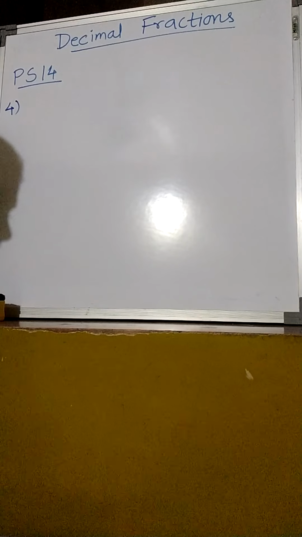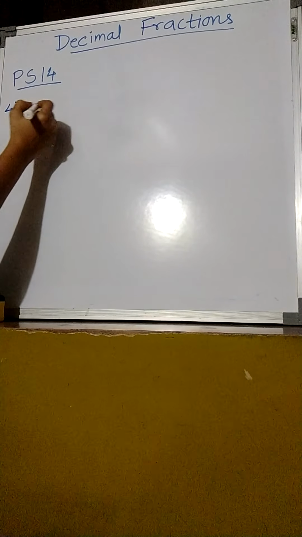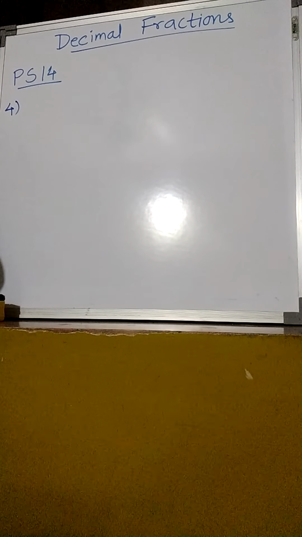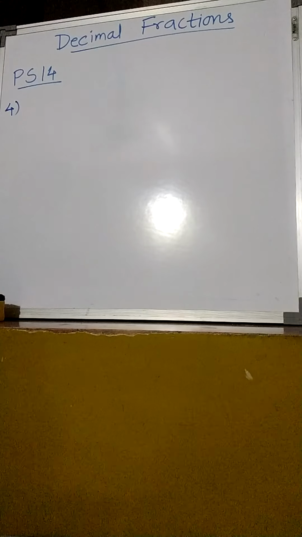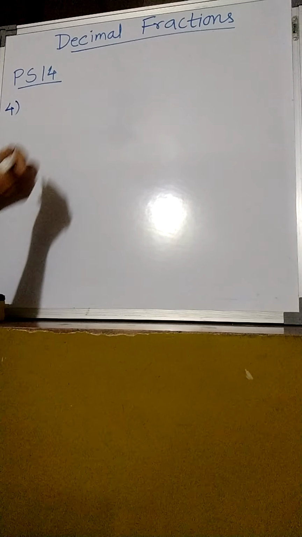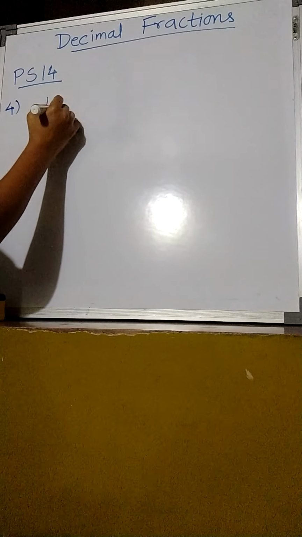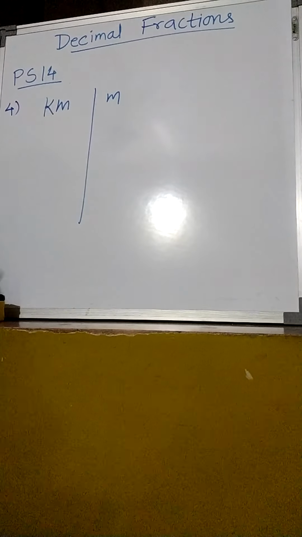First, when you read the problem, you understand that there are two units of measurement, kilometer and meter. So you first make two columns. First one is kilometer and second one is meter.